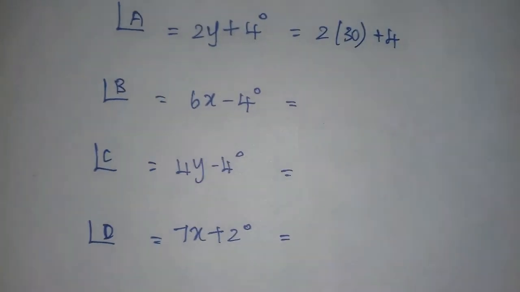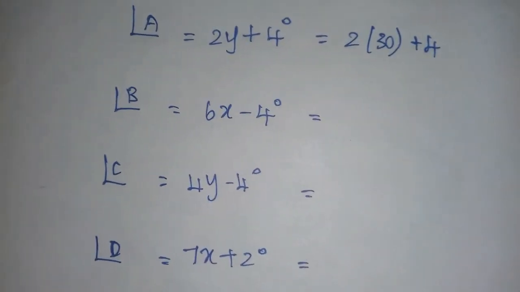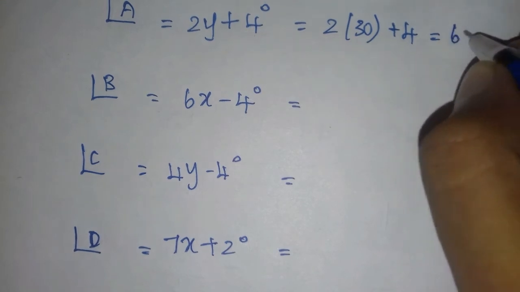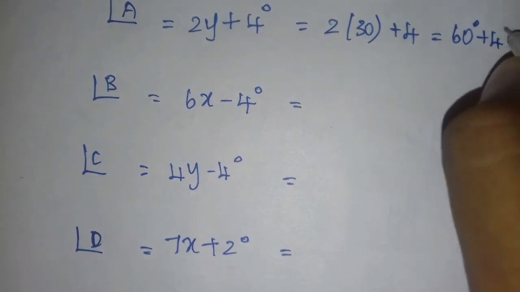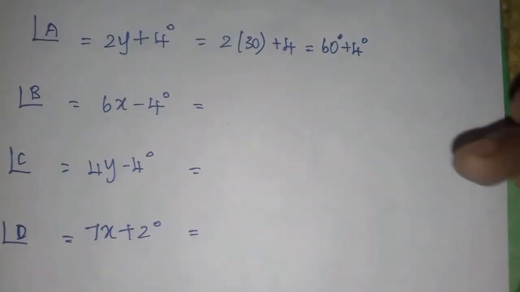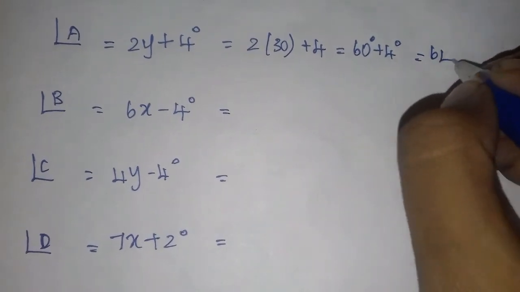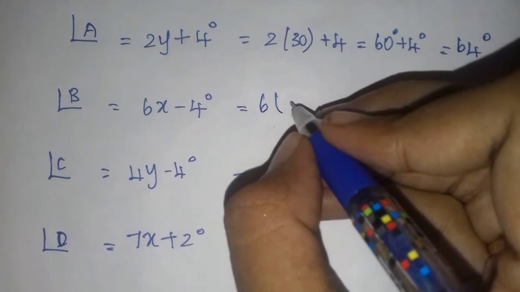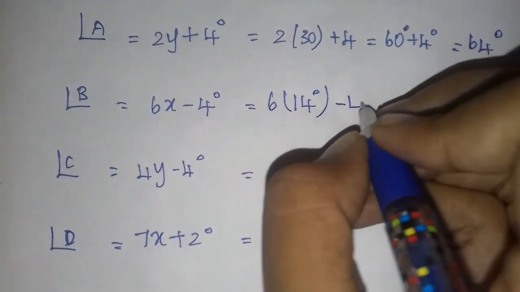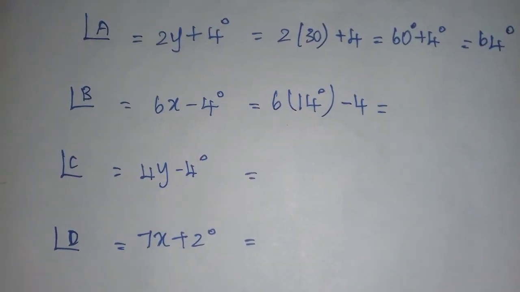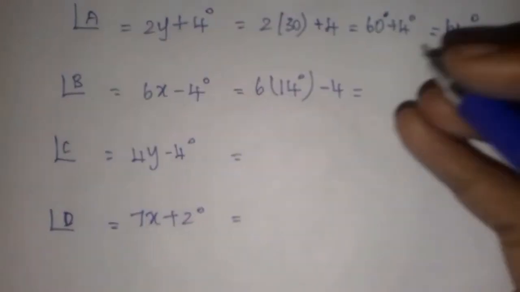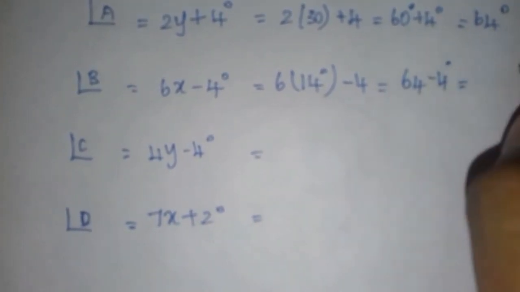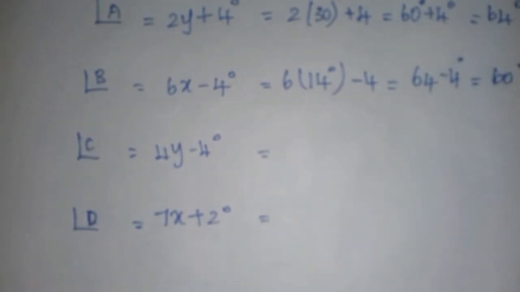What will you get? 2 into 30 is 60. 60 degrees plus 4 degrees, what will you get? 64 degrees. Next, 6 into x value is 14 degrees minus 4. 64 minus 4 degrees, that is equal to 60 degrees.